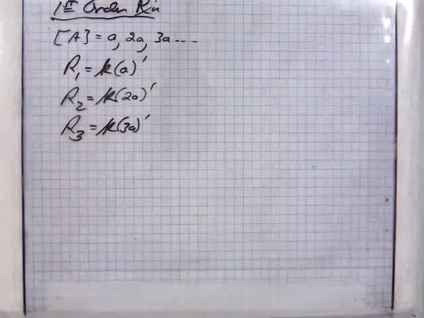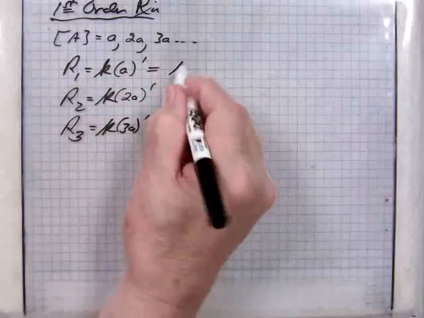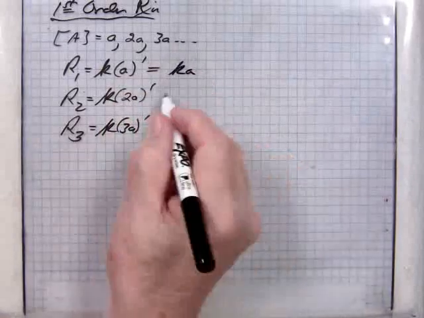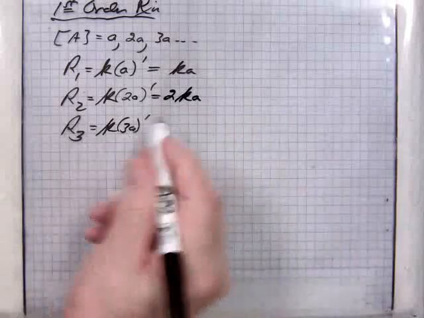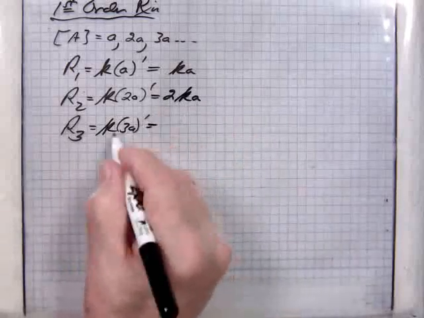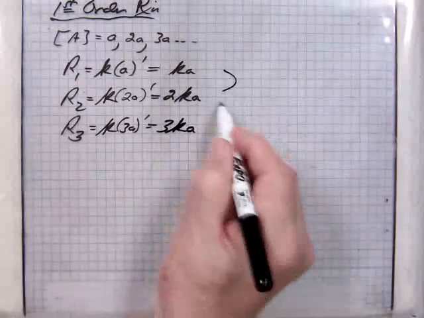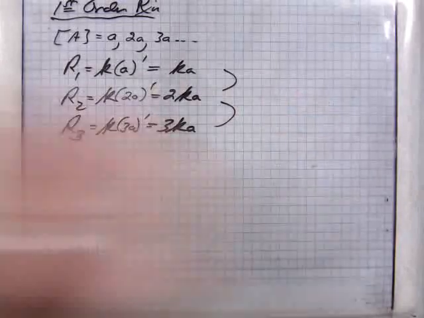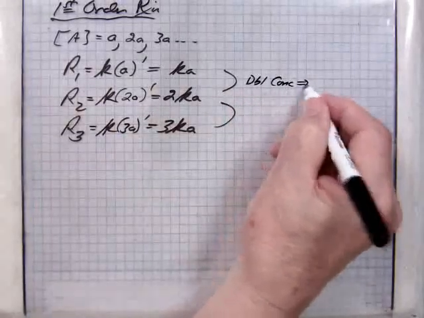4A raised to the first power. And so A to the first is A, so that's KA. 2A raised to the first is 2A, so this gives us 2KA. And 3A to the first power gives us 3KA. So what we're seeing between these two is if you double concentration, rate doubles.